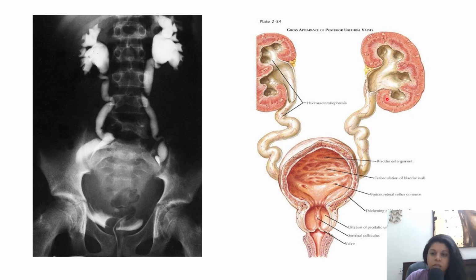Since the child has fever and infection, it has gone into pyonephrosis or pyelonephritis. Pyonephrosis means there is infection inside the kidney, filled with pus. So there is hydronephrosis, and pyelonephritis as well.